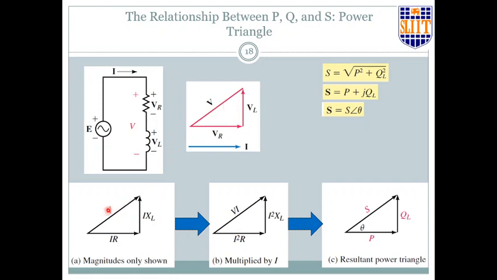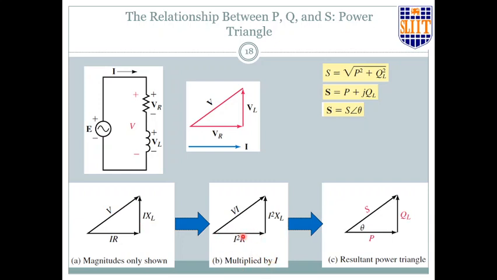If you multiply all three sides by the scalar value I, the magnitude of the current, the aspect ratio remains unchanged. The size will be increased, but the shape of this triangle remains unchanged. So this angle is the same, this angle is the same, and this is a right angle.